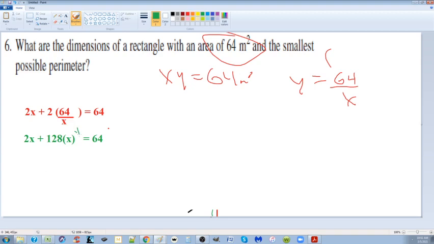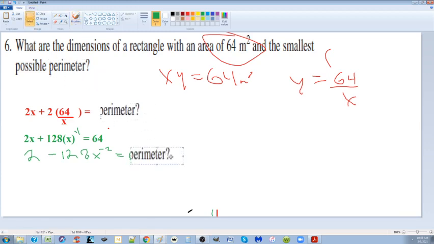So this is what I have, and now I'm going to take the first derivative, and I get 2 minus 128 x to the minus 2 is equal to 64. Oh, sorry, that's not equal to 64. That's equal to the perimeter. That's the missing bit.